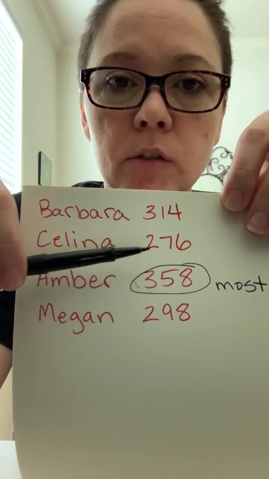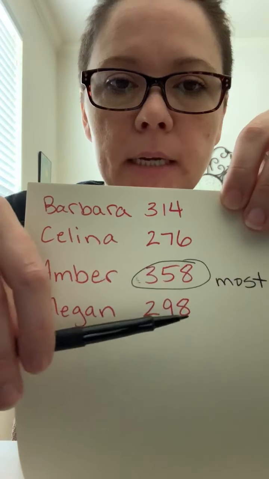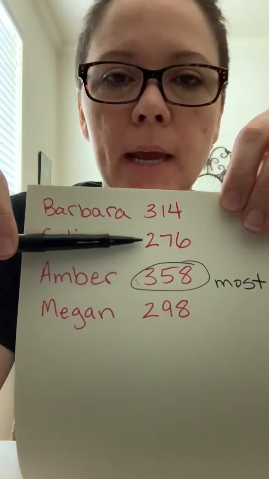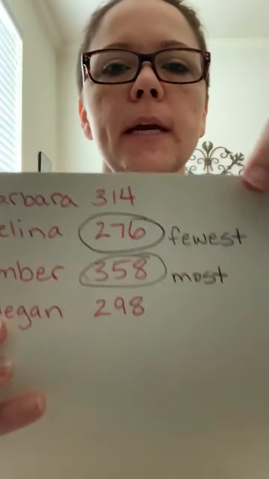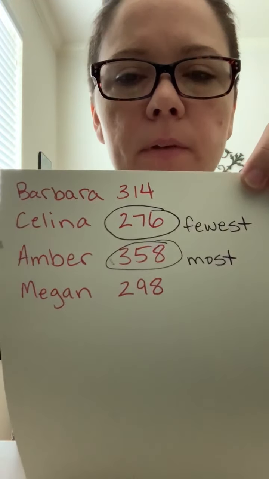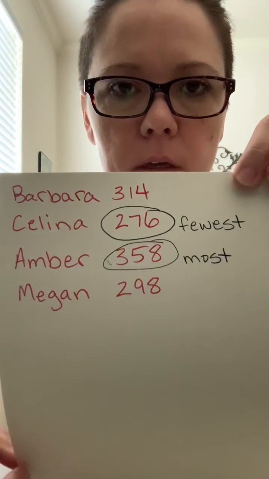It's 7. So 276 is less than 298. It's a smaller number. So we're going to say that this one has the fewest. F-E-W-E-S-T. This one has the fewest. So Selena has the fewest. Amber has the most. Did you get that?